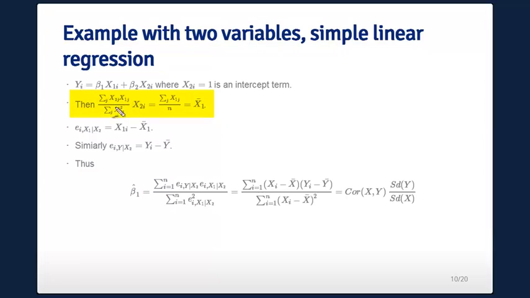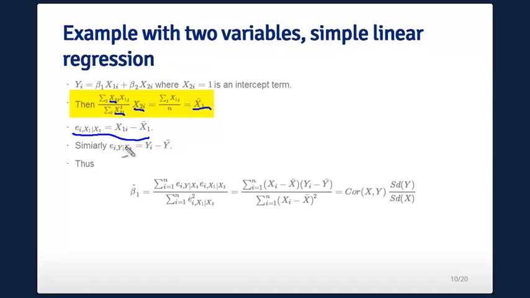If x2 is just 1, just plug in 1 there and there, then multiply it times x2i, which is also 1. Replace 1 in all those three occurrences, and you wind up with x1 bar. And so the residual, having regressed out the intercept by itself, is nothing other than the centered variable.